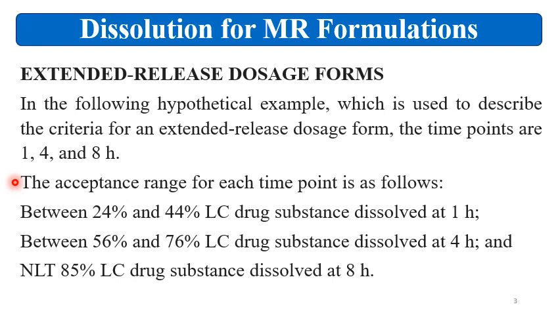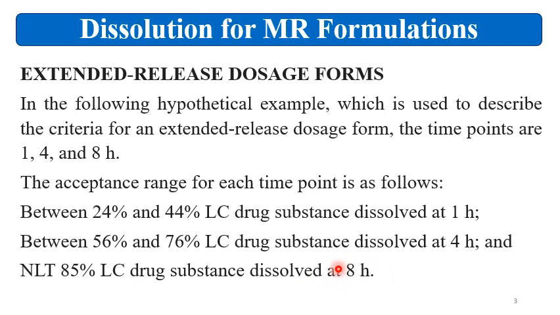The acceptance range for each time point is as follows. Between 24 to 44% of label claim drug substance dissolved at 1 hour, then 56 to 76% drug dissolved at the 4th hour, and not less than 85% of the drug dissolved at 8 hours.